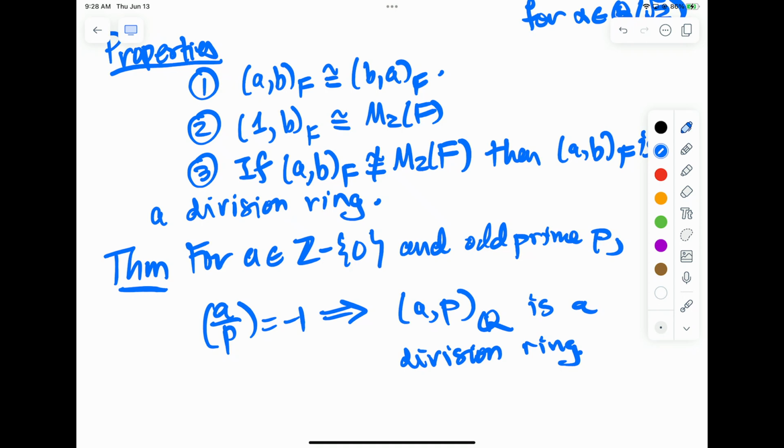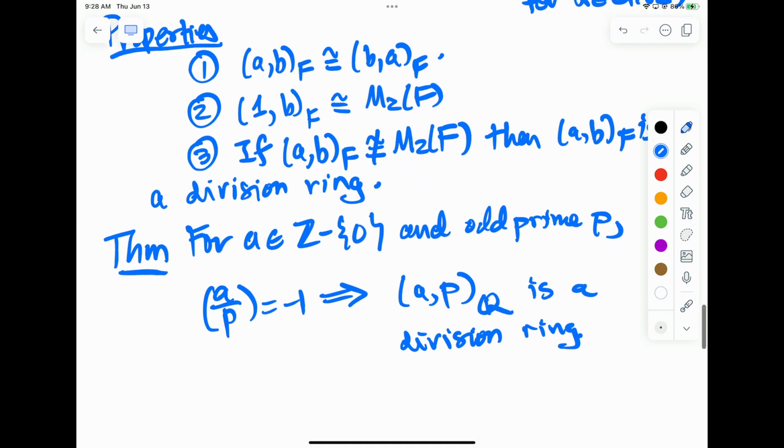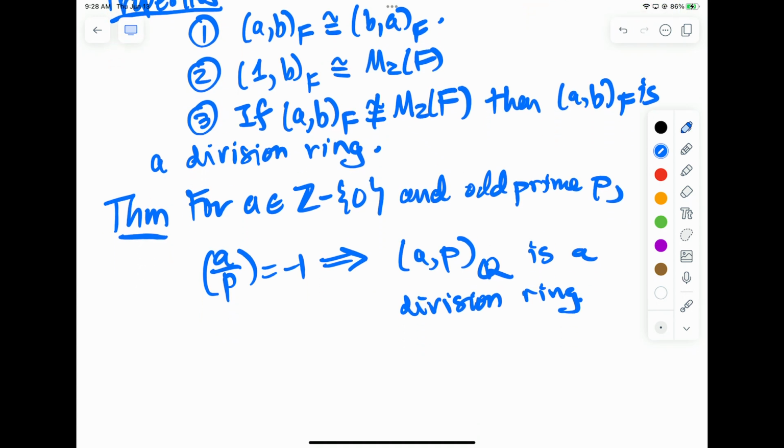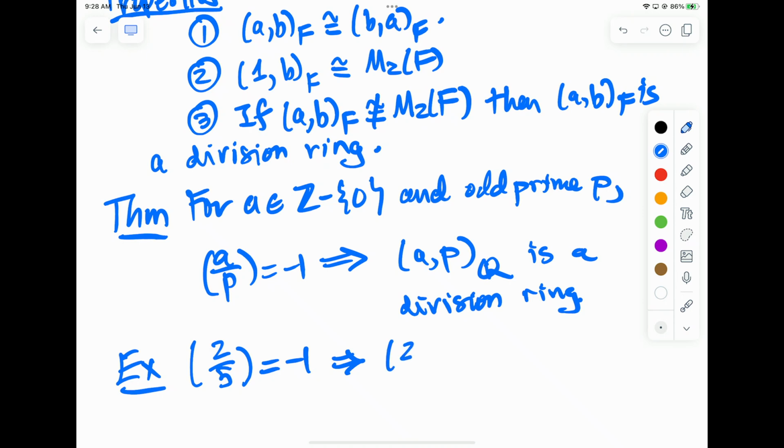So there's a criterion. I'm not saying it's if and only if, but it's a criterion for determining that such a construction is a division ring. And so as an example, since we know that (2/5) is -1, that shows that this construction with 2 and 5 over Q is a division ring.